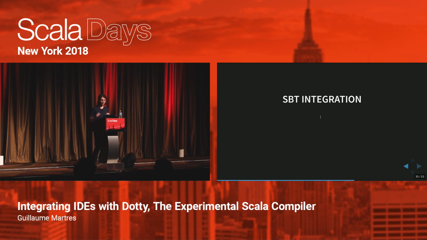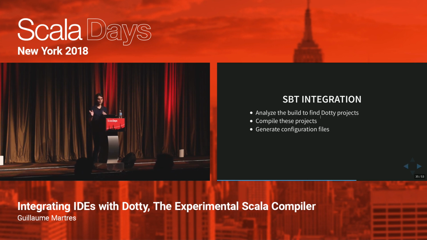We compile these projects. We generate configuration files. We install the Dotty VS Code extension, and then we launch VS Code. And we do all of that if you type the launch IDE command in a Dotty project. And that works in any Dotty project because the plugin for IDE support is just part of the plugin you need to use for any Dotty project. So it's already built in.